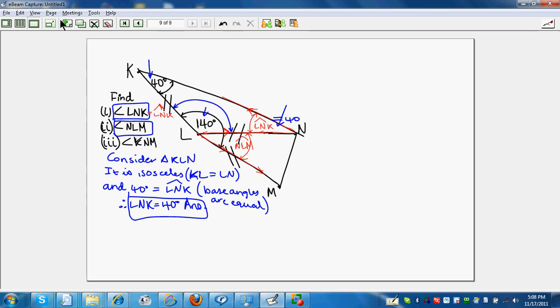If we consider triangle KLN, we say that if we add up 40 degrees, which is angle NKL, plus the other 40 degrees, which is angle LNK, plus this angle here, which is angle KLN, we get 180 degrees because angles in a triangle are supplementary.